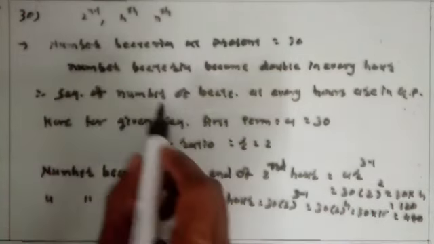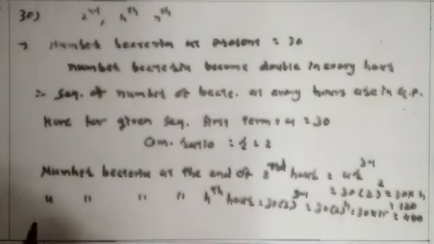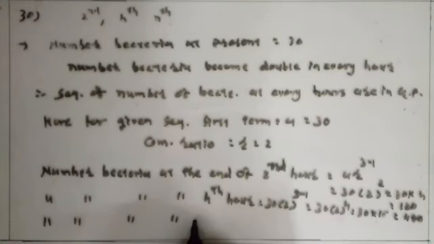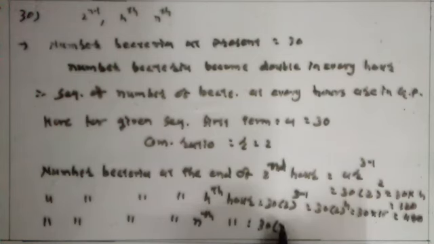And the number of bacteria at the end of the nth hour is equal to the number of bacteria at the starting of the n plus 1th hour, so 30 into 2 raised to n plus 1 minus 1, which is 30 into 2 raised to n.